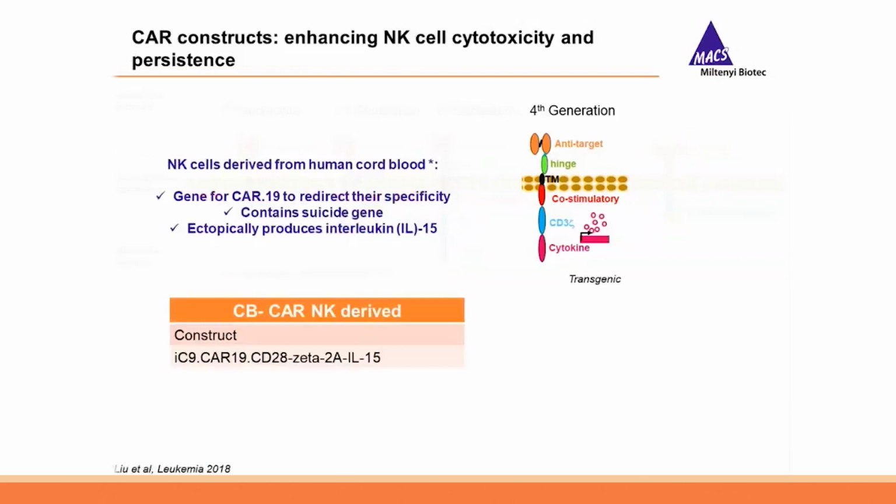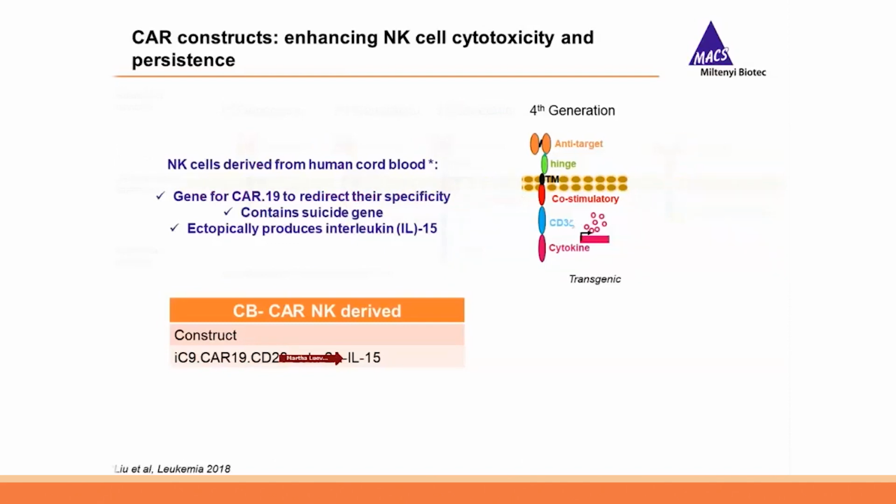They have also learned from the experience of the T cells, so they have inserted a suicide gene, they have their target, their co-stimulatory, and also interleukin-15 to make NK cells persist. So this publication shows very nicely that this is a good construct with which you can get a really nice response.